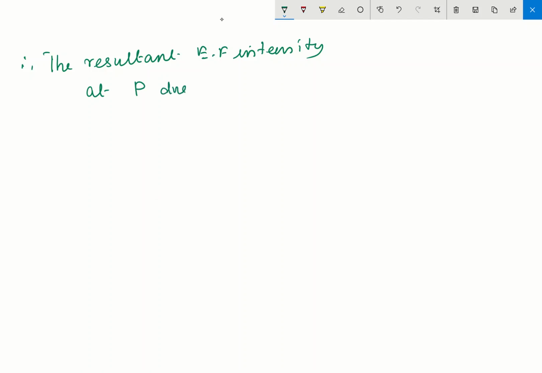Okay, therefore the resultant electric field intensity at P due to the dipole. That is nothing but, what is that?